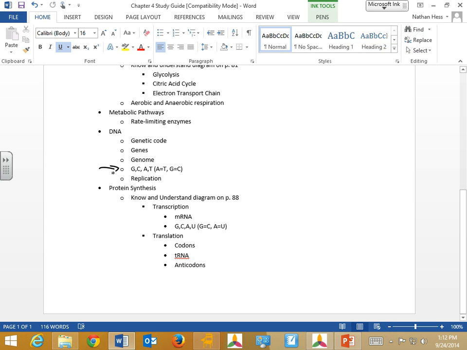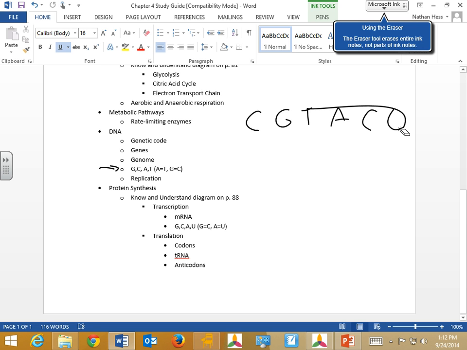So let's say I were to give you a string of DNA. Something like G, that's a C, G, T, A, C, G. Could you pair these up?